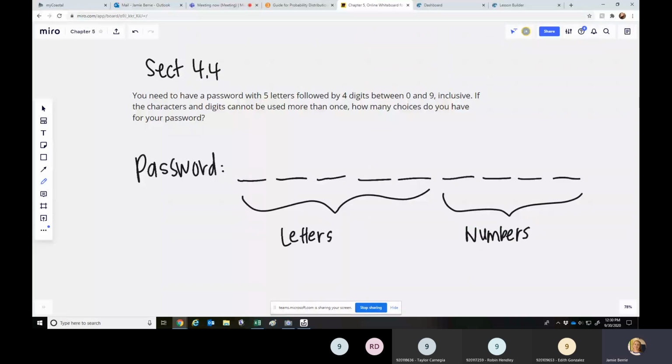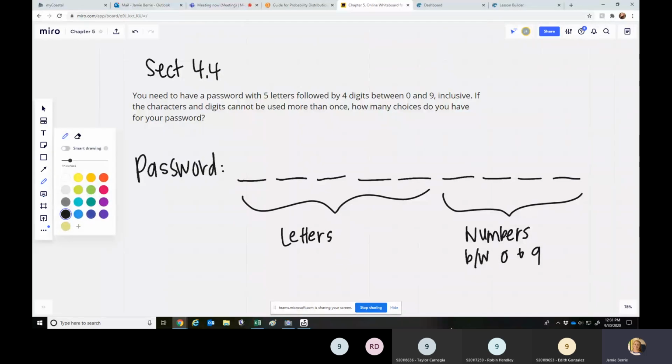And again, these are numbers between 0 and 9. Now, we know that you are not allowed to use these letters and digits more than once. So once we use a certain letter, we can't use it again.